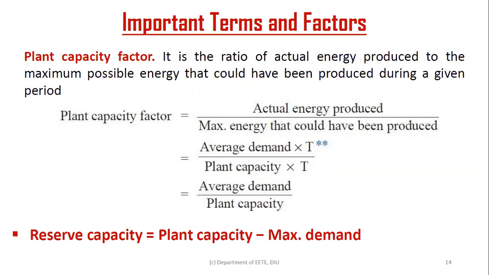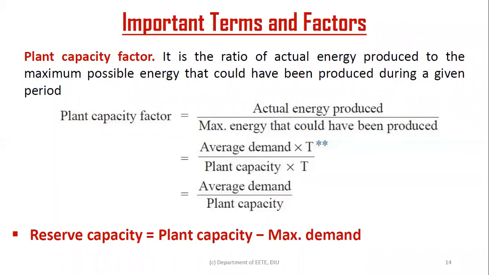Suppose Omar has the capacity that he can pull 20 kg of weight, but right now he is pulling 15 kg. So he could have pulled 20 kg, but right now he's pulling 15 kg.